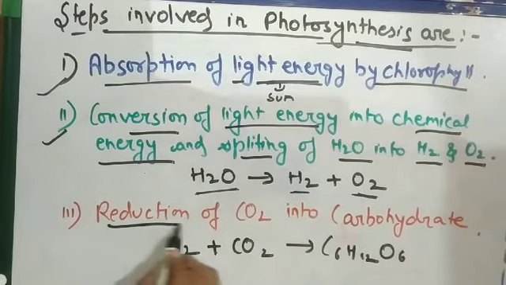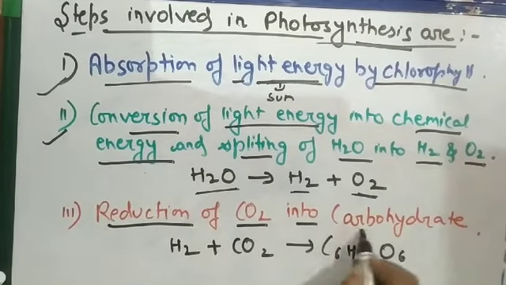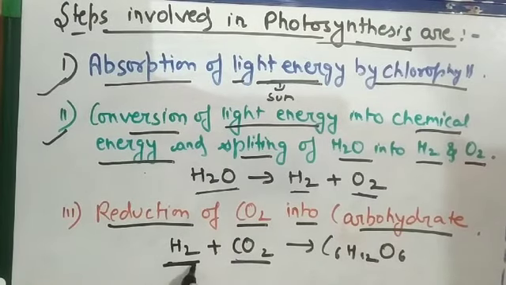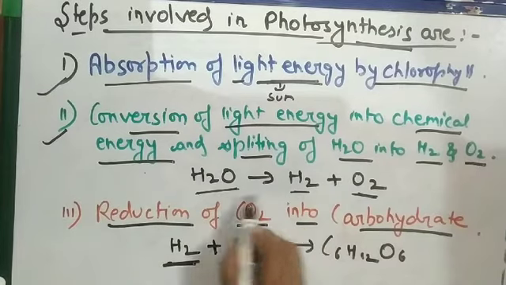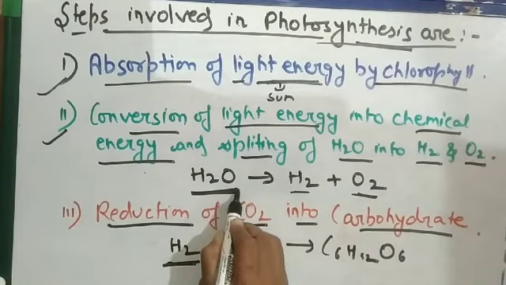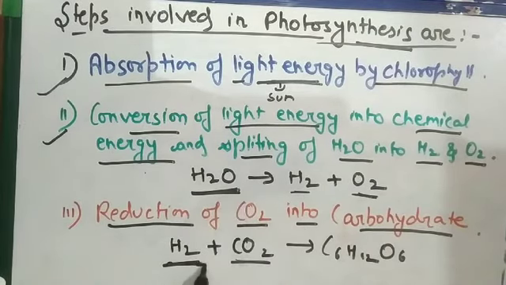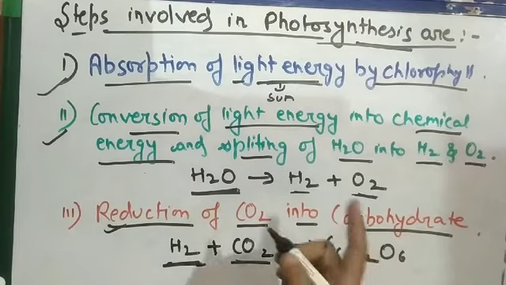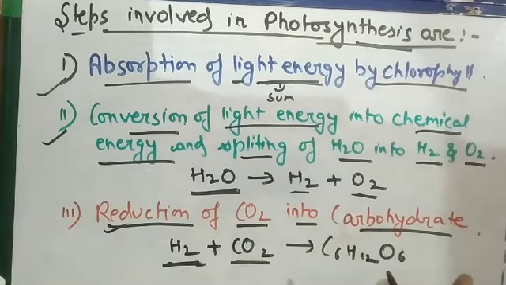This is the third step, reduction of the carbon dioxide into carbohydrate. How does the reduction of carbon dioxide occur into the carbohydrate? This carbon dioxide joins with this hydrogen, which is given by the splitting of this water molecule. We know that oxidation is the addition of oxygen, but reduction is the addition of hydrogen.